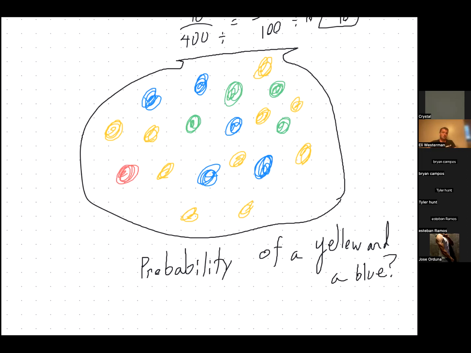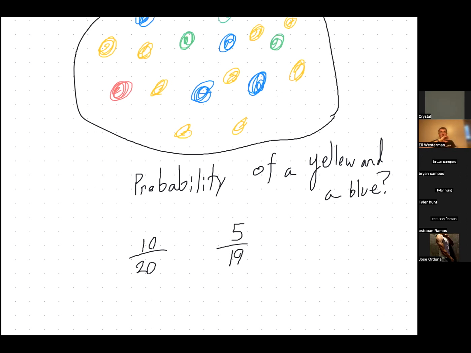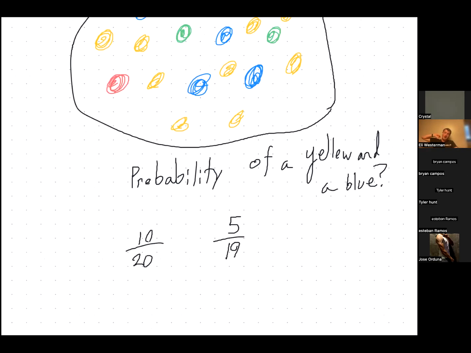Well, here, the probability of yellow is 10 over 20. But now we took a yellow out. Now we're not putting the yellow back in. So now the probability of a blue is 5 over 19. Do you see why it went to 19? We pulled a yellow out of the bag and now it's gone. So now there are only 19 options. How we were doing these problems earlier is we were assuming we put the marble back in the bag. Since we're not doing that, we now only have 19.